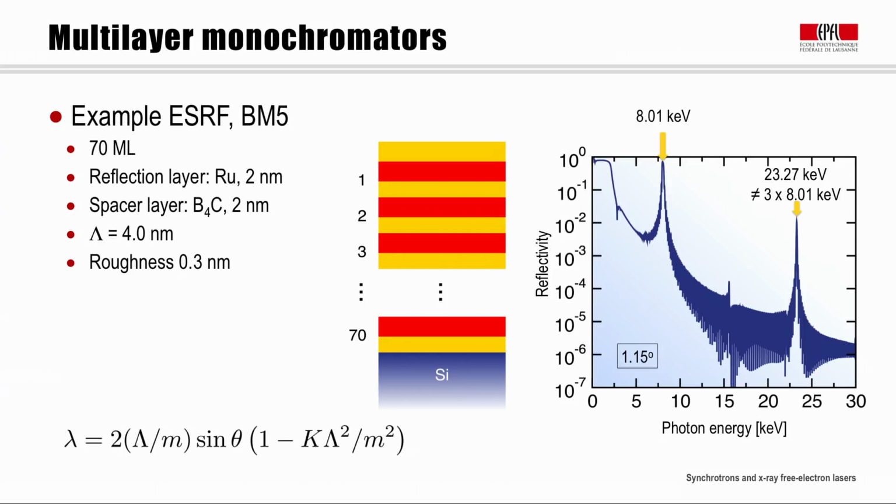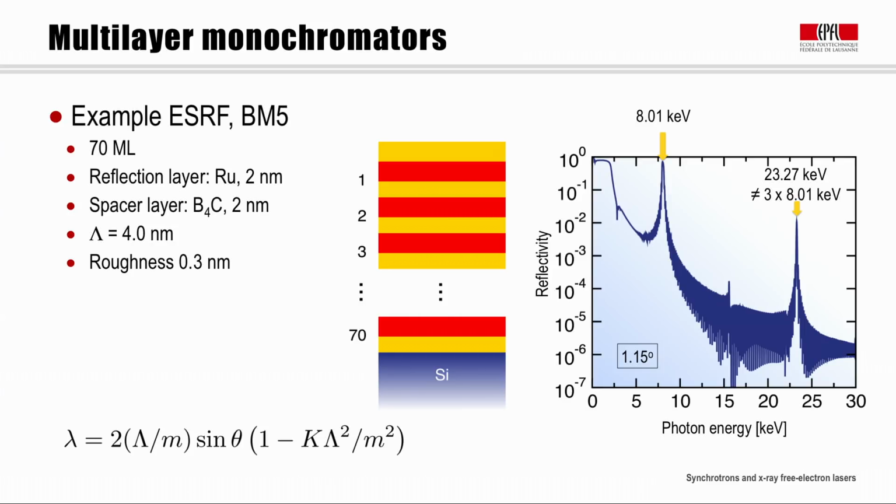Now, the second correction term in the brackets, k lambda squared divided by m squared, accounts for refraction effects. One might ask why this is not also employed in the normal Bragg equation for crystals. First of all, in some cases requiring the highest accuracy, it actually is.